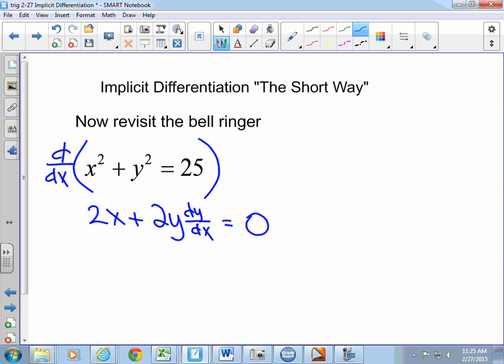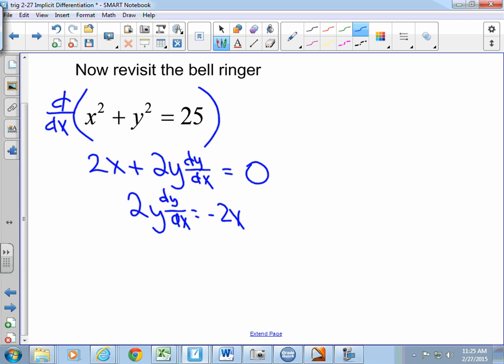I wanted the derivative. Which one's easier? This is easier, right?